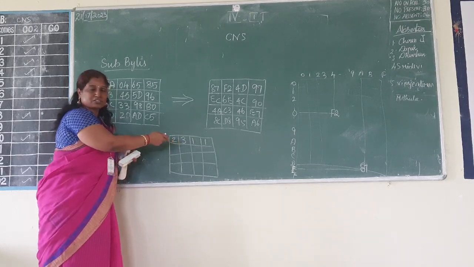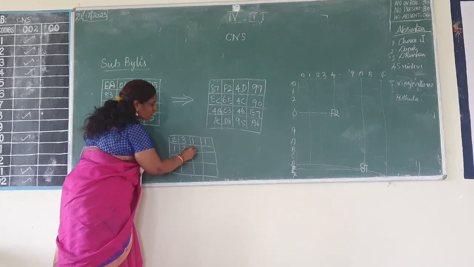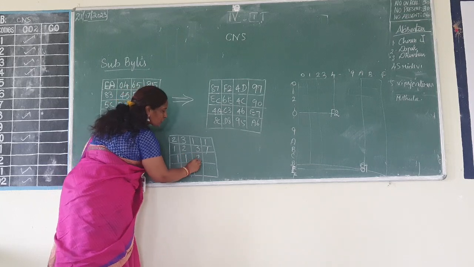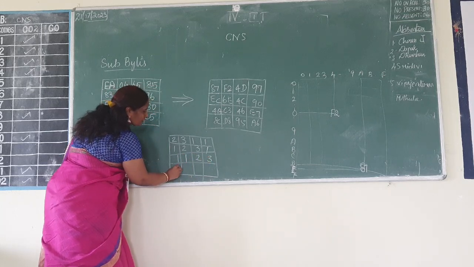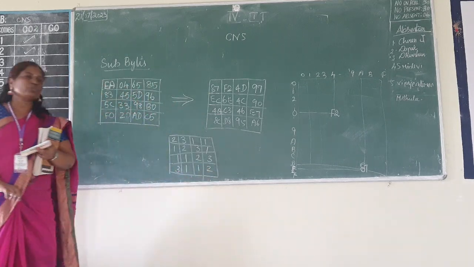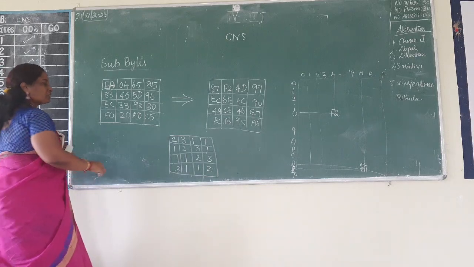Second row 1 2 3 1. Third row 1 1 2 3. Next 3 1 1 2. So within this 1, 2, 3 only we are filling up the fixed matrix.